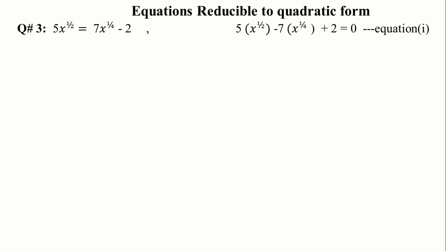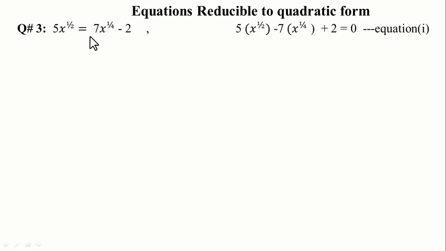In the next question, question number 3, the equation is reduced to the quadratic form. First of all, the given equation is 5 multiplied by x to the power 1 upon 2 is equal to 7 x to the power 1 upon 4 minus 2.